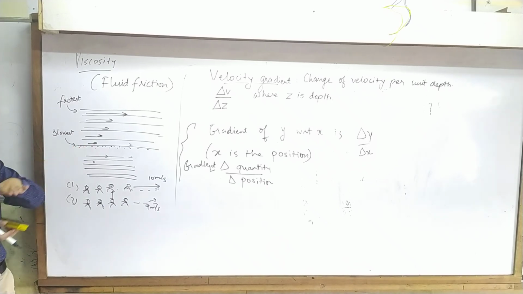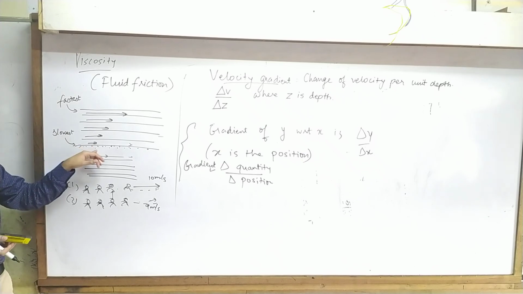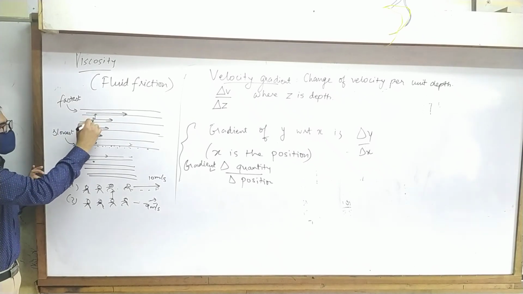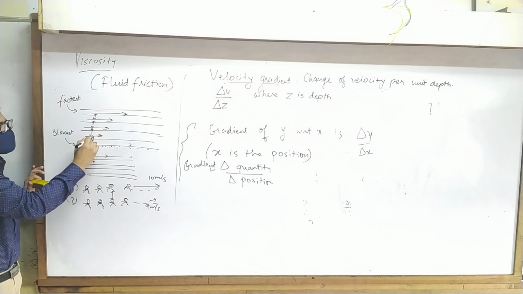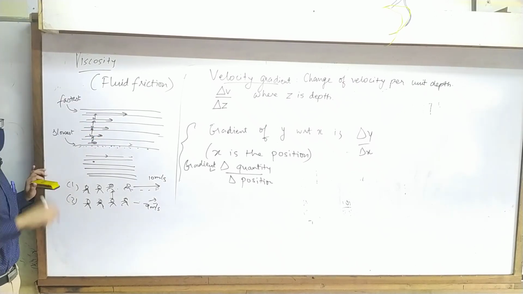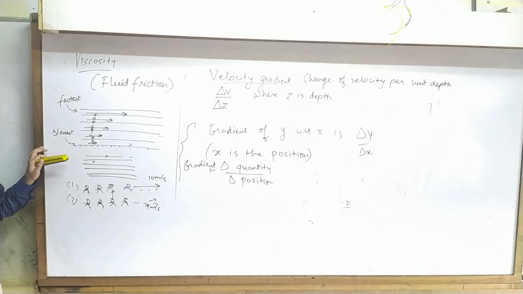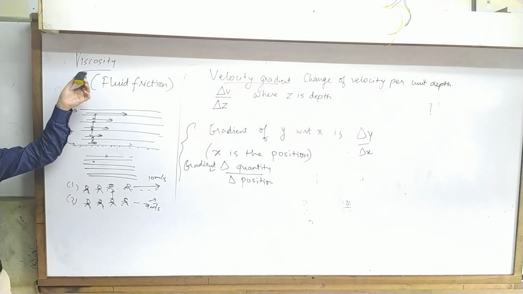Because at the bottom it would be coming in contact with the surface of that solid. Understood? So between these slow and fast layers, there is going to be a force. What's that force called? Viscous. And that is because of viscosity.